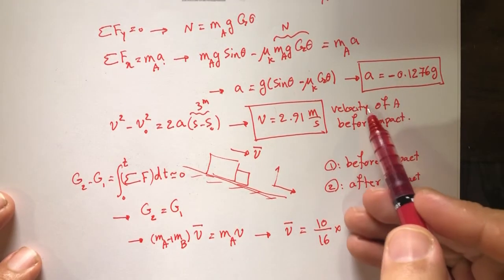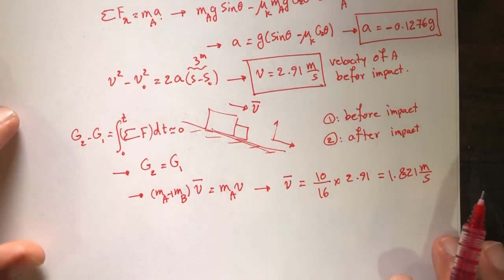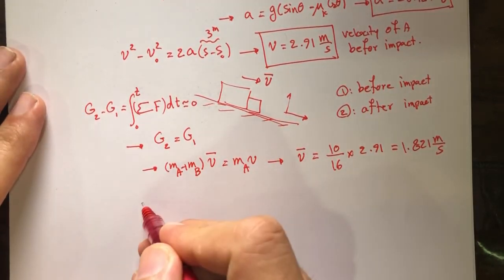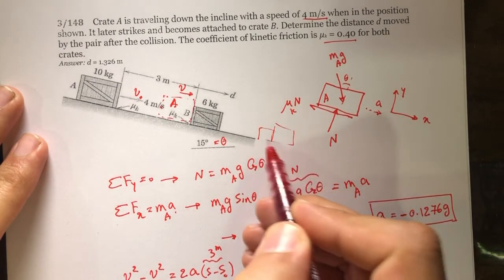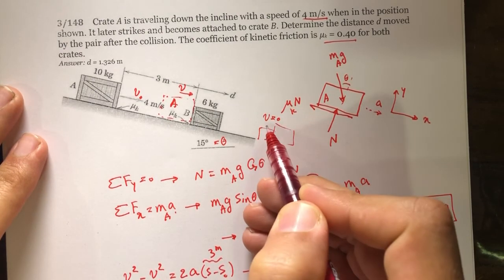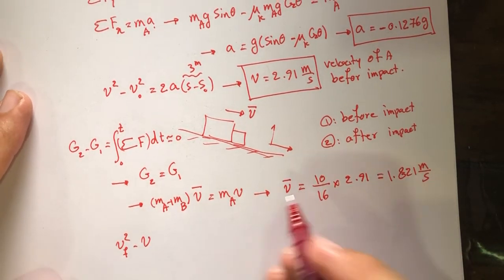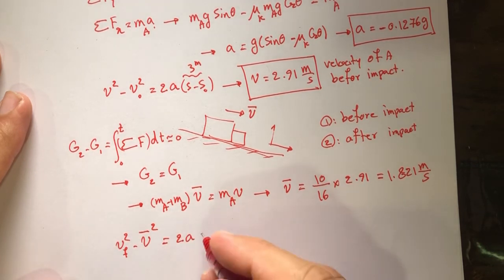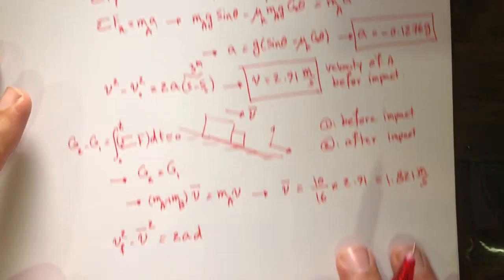Now, after impact, the initial velocity is going to be this. Acceleration is going to be the same thing that we found here. And we want to find how much they're going to travel down the incline. So again, we can use the time independent equation here. When both of them go down, at the end, the velocity is going to be equal to 0. So the final velocity squared minus the initial velocity, which is this v bar, squared is equal to 2 times acceleration times the displacement, which we're going to call d.